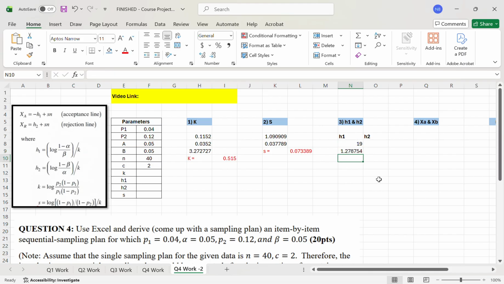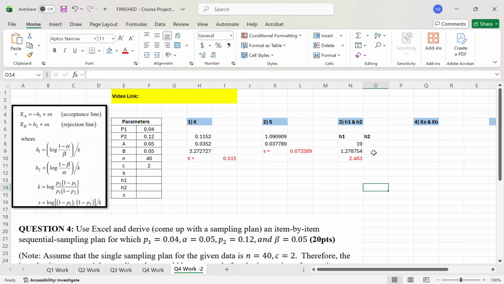Okay, so it gives us 1.278754. And then we're going to divide that by our K value. And it gives us 2.483.